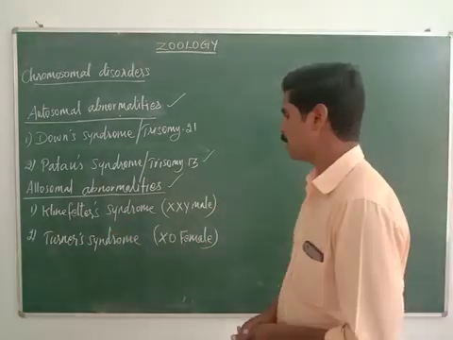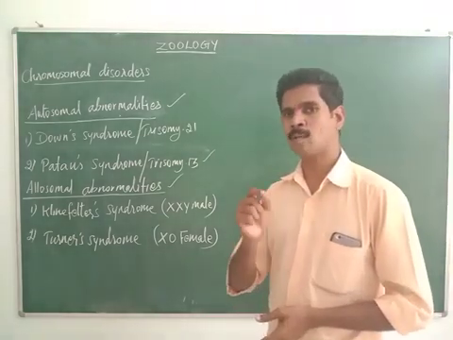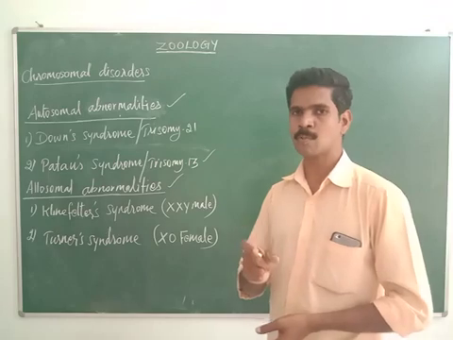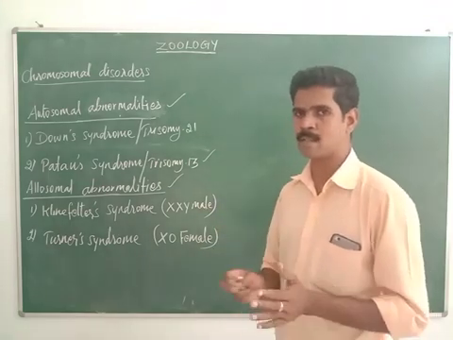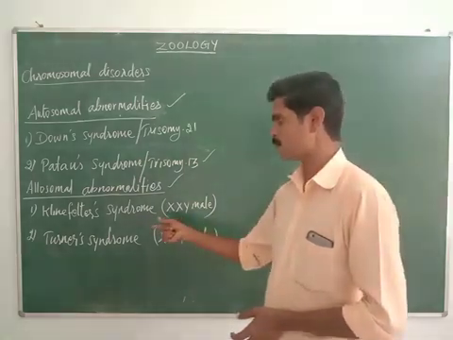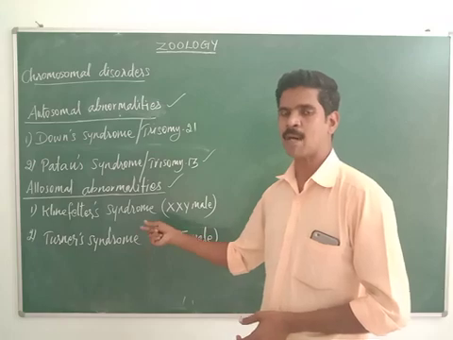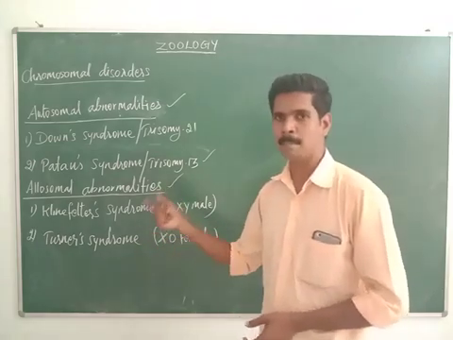Normally in the male body, there is one X chromosome and one Y chromosome. So two sex chromosomes are there, one X chromosome and the second one Y chromosome. This is the normal sex chromosome complement in the male body. But this disorder, Klinefelter syndrome, mostly affects males.